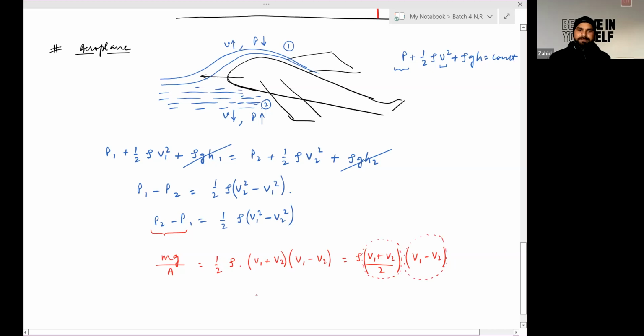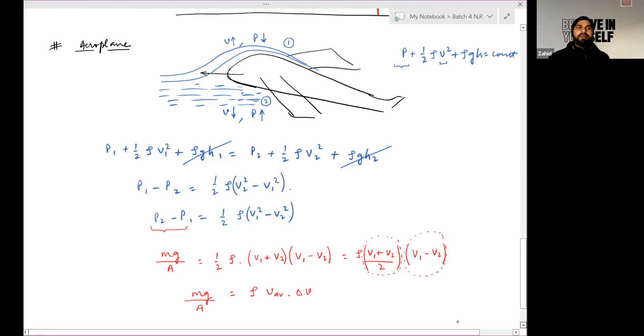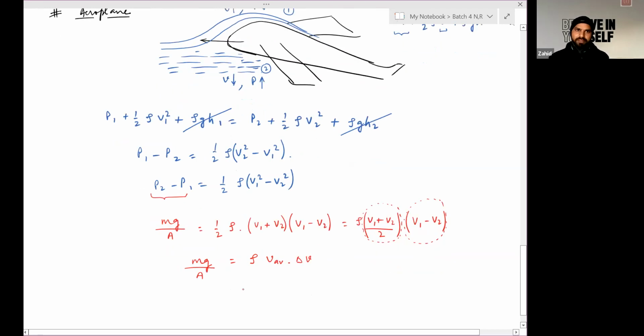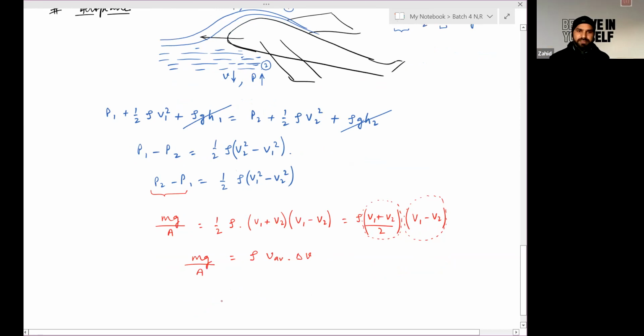So we can write density of air times average velocity times difference in velocity between two different surfaces equals mg divided by area of cross section. So you have to calculate the difference in velocity between bottom and top surfaces.